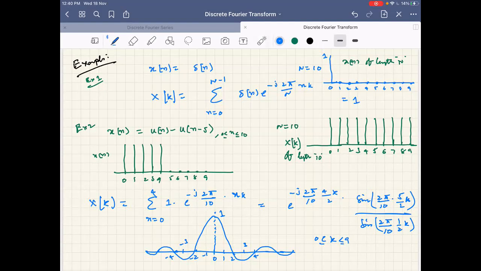So let me sketch with a different color. And how many samples do we have? We have 10 samples. So based on this, up to where will it go? 0, 1, 2, 3, 4.